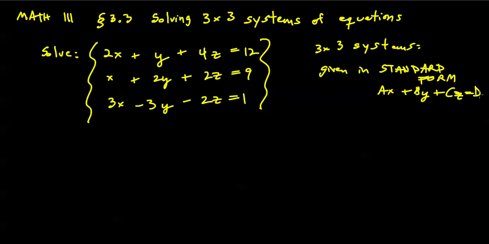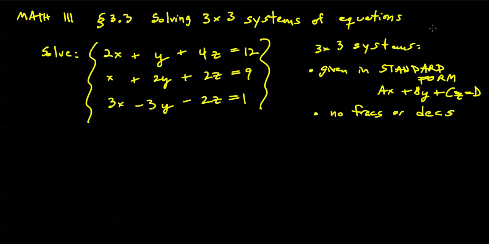Basically, a multiple of x plus a multiple of y plus a multiple of z equals some constant. There will be no fractions or decimals in the equations, at least not initially.